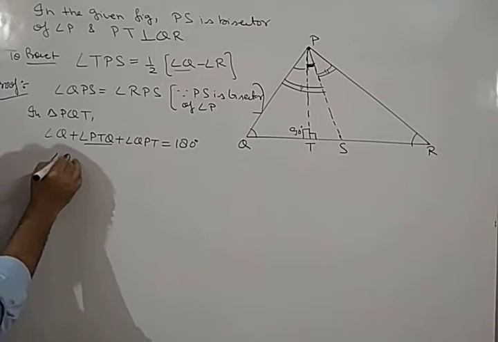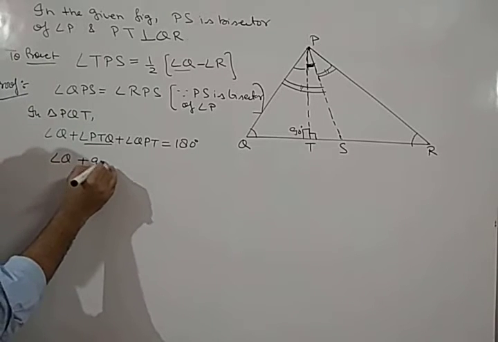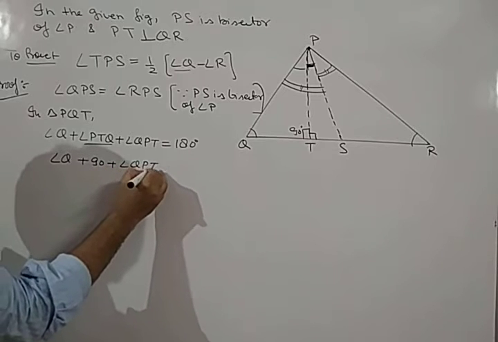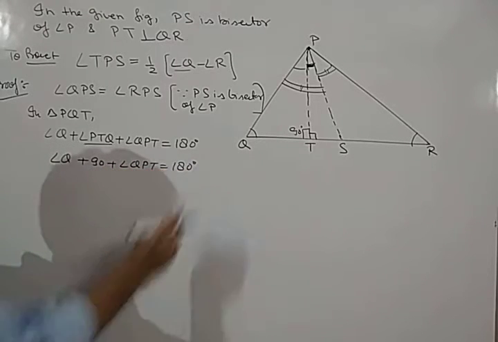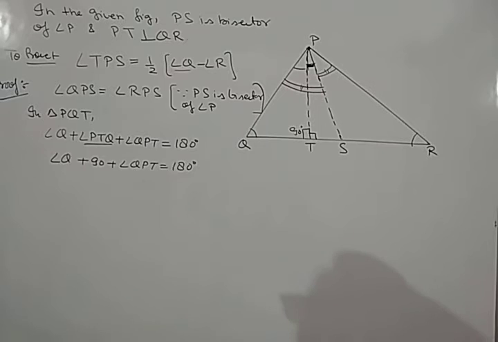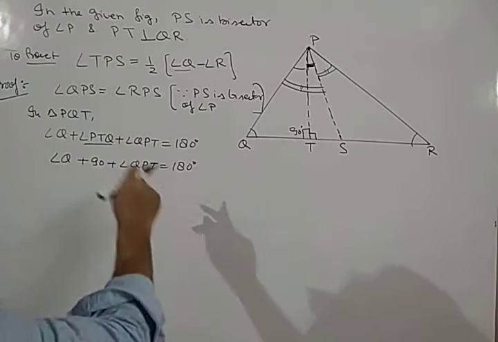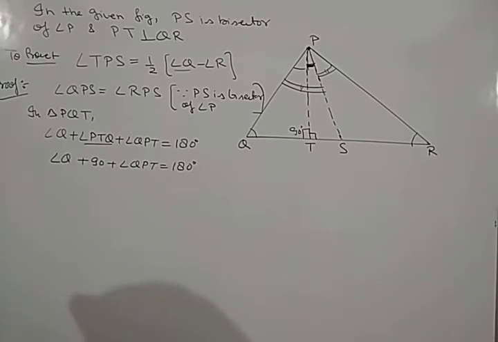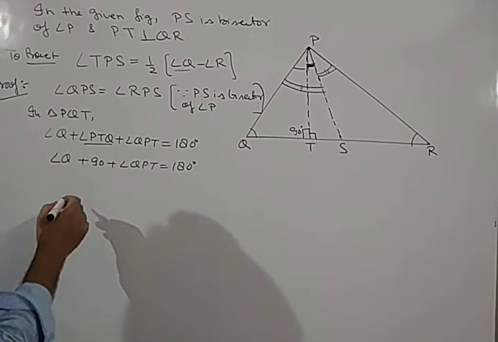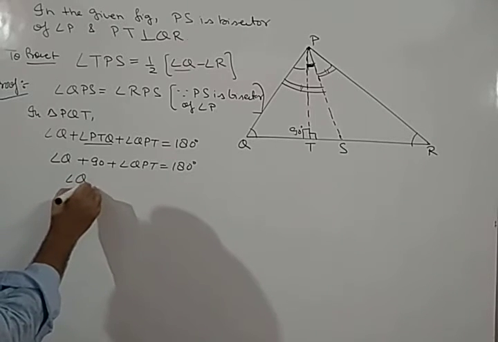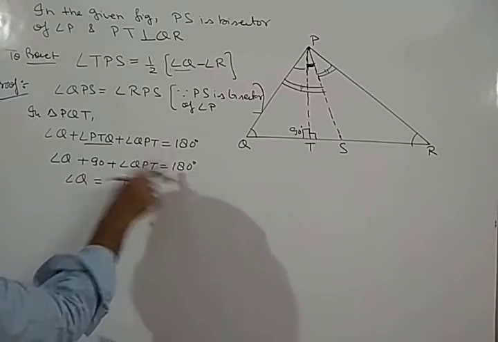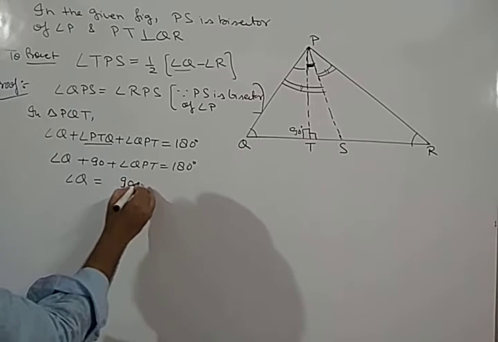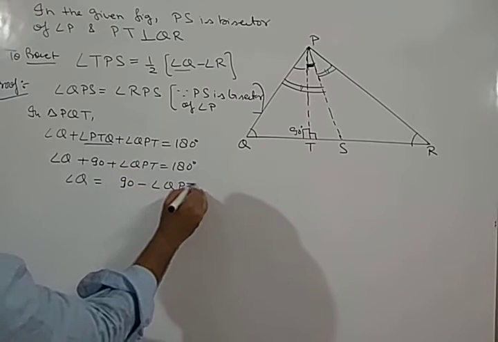So we will get angle Q plus 90 plus angle QPT is equal to 180 degrees. Okay. If we take 90 to the right hand side, what equation will we get? We will get angle Q is equal to 180 minus 90, that will be 90, minus angle QPT.